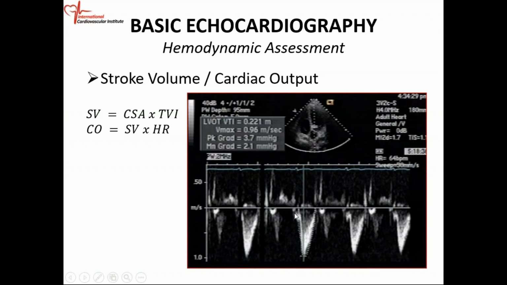When you look at it closely, velocity is on the vertical axis and time is on the horizontal axis. What we're actually getting is the area under this curve right here.